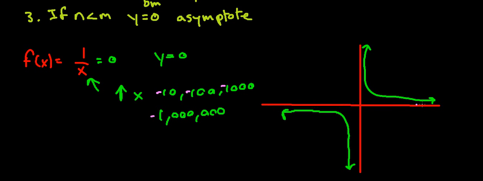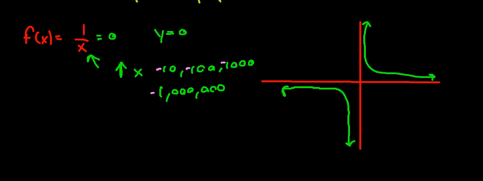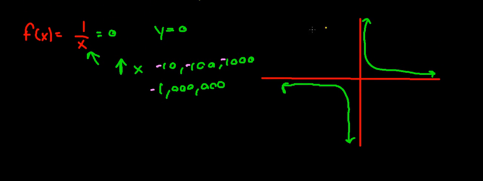So the x-axis is a horizontal asymptote for this function. Now let's look at a different example. But that's the gist of horizontal asymptotes. There's just some value that as we put in larger and larger x values, it gets closer and closer to, but does not actually touch. Just the same idea as vertical asymptotes, but horizontally.